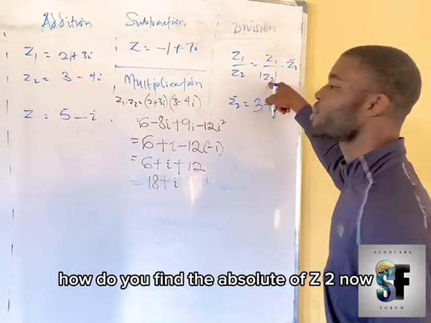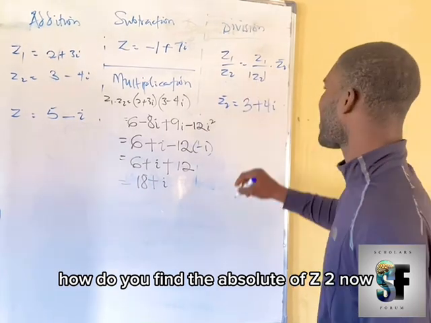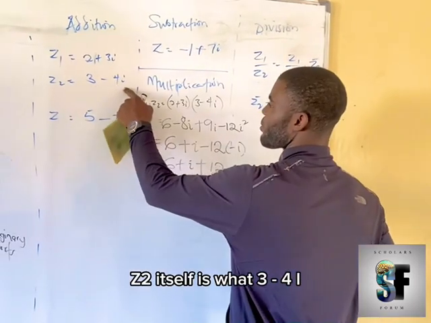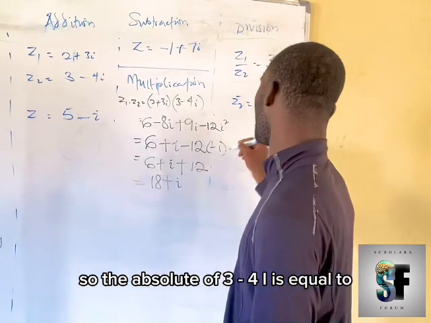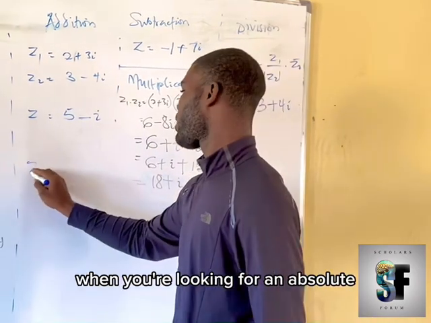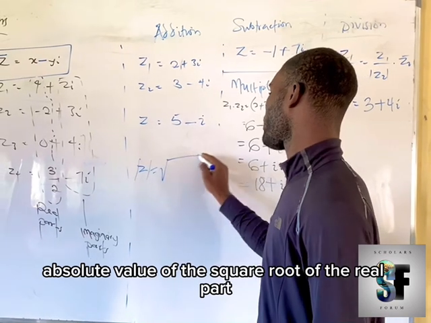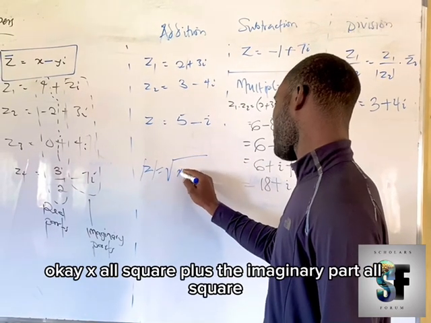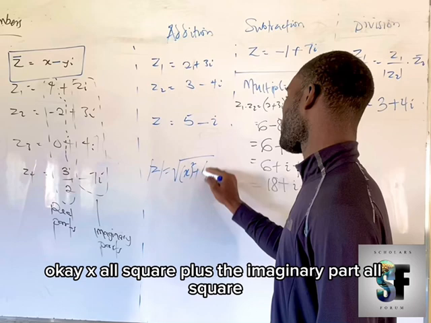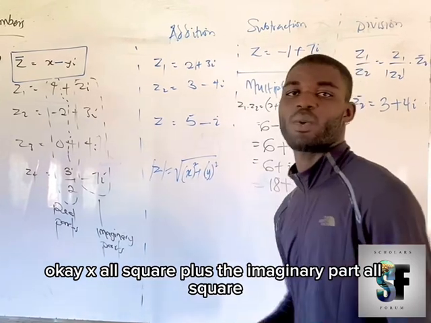How do we find the absolute of Z2? Z2 itself is 3 minus 4i. When you're looking for an absolute, it will be equal to the square root of the real part squared plus the imaginary part squared.